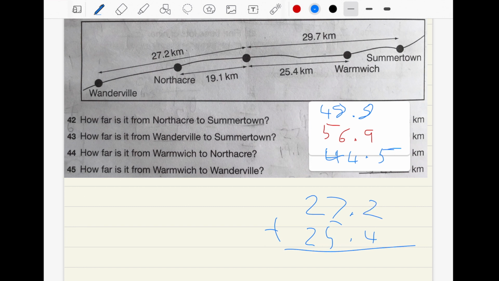So 4 plus 2 equals 6. And then 7 plus 5 equals 12. And then the carryover. And then 2 plus 2 equals 4 plus 1 equals 5. And we add this dot, and it is 52.6 km.